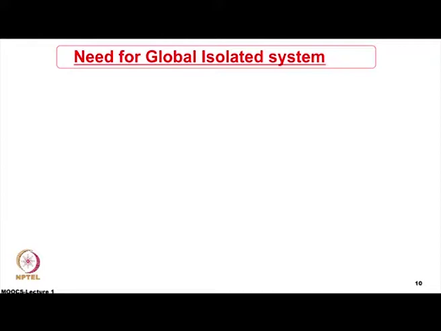So, therefore, some authors felt that it is a good idea to introduce a system which is called global isolated system, and that global isolated system is a system plus its immediate surroundings.